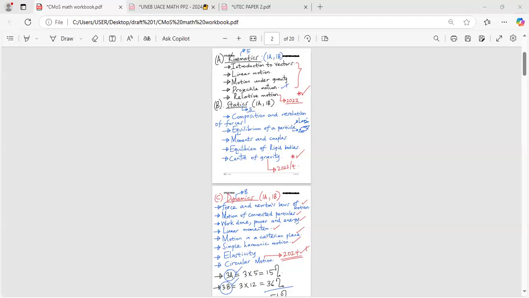Someone is saying, how about connected particles? It is under dynamics. Yes, I will see how to send you the recording on that. So I think people's questions are done.